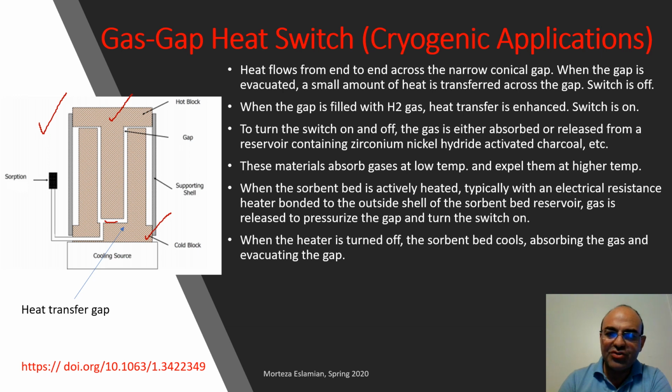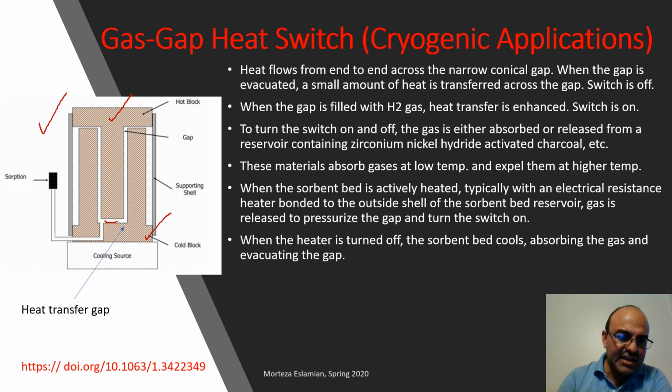To turn the switch on and off, the gas is either absorbed or released from a reservoir containing a material, for instance, zirconium nickel hydride, which is actually embedded in charcoal.